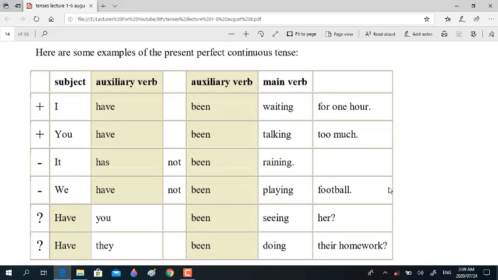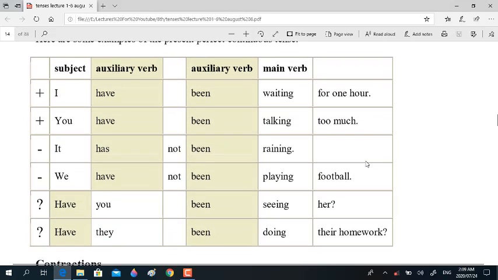Here are some examples of present perfect continuous tense. Okay, look at the positive sentences. I have been waiting for an hour. You have been talking too much. It has not been raining. We have not been playing football. Okay, these are optional. These are adjuncts. For an hour, it answers when. Too much, how.